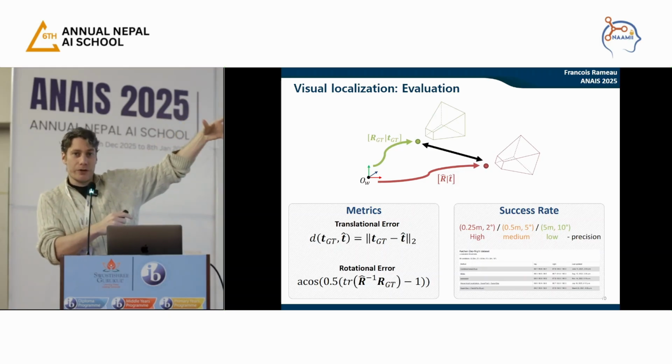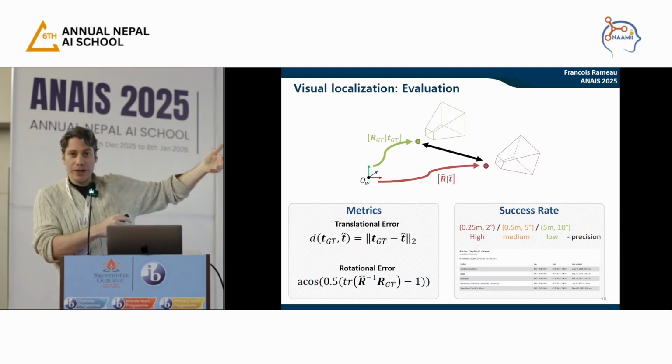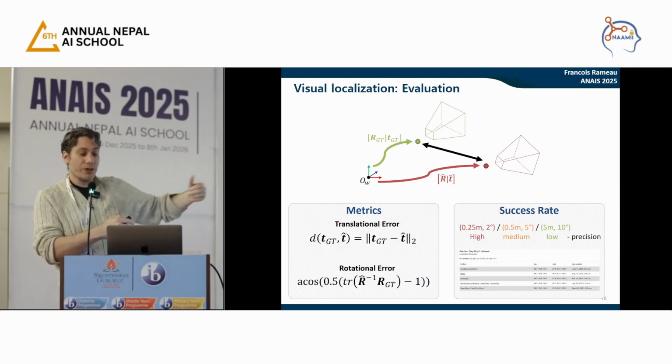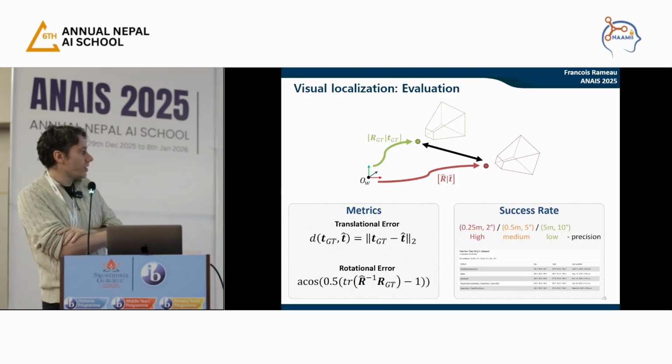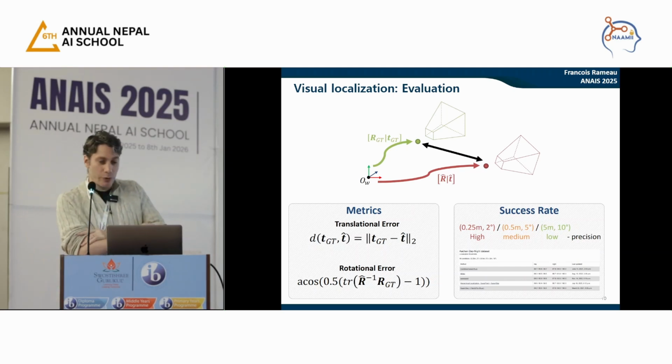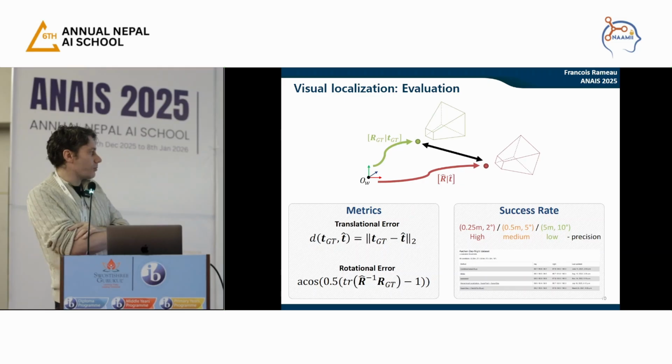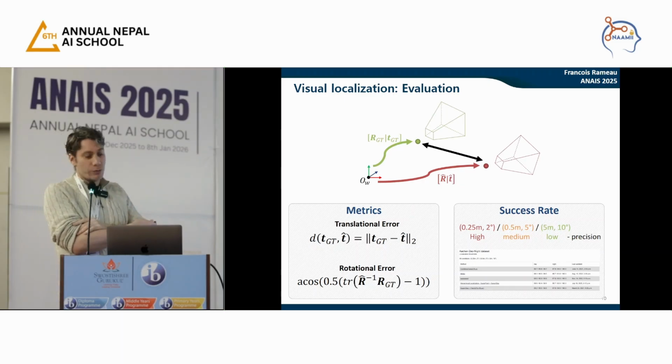You have a huge outlier. It means that the mean will be bad, even though your algorithm, your network, is good. So what we do is look at the percentage of images that have been well localized for different levels of accuracy in rotation and translation. If you read visual localization papers, most of the time we rely on those kinds of metrics to determine if we did a good job or not.